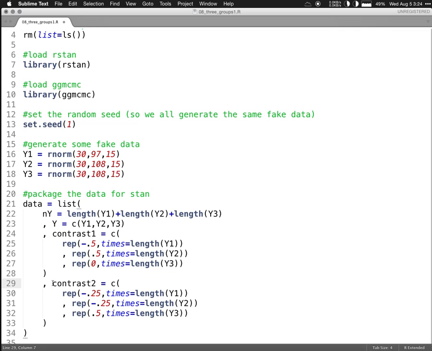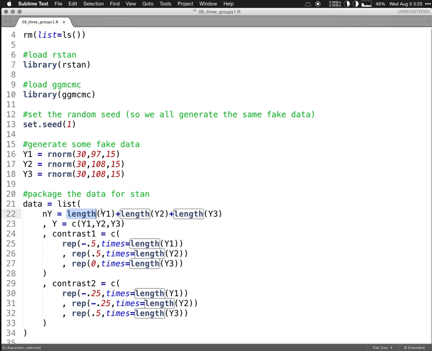And next, to have a contrast that's orthogonal to the previous one that we had, it's a little bit weird, but what you do is you say y3 compared to the mean of y1 and y2.